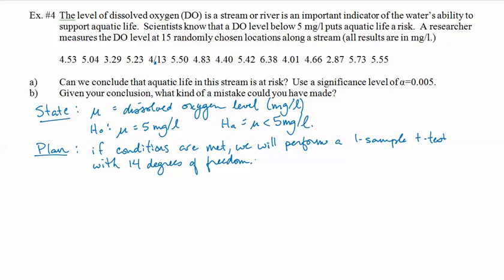All right, so once again, we need to look at random, independent, and normal. So it was given that it was random. Locations are chosen randomly.